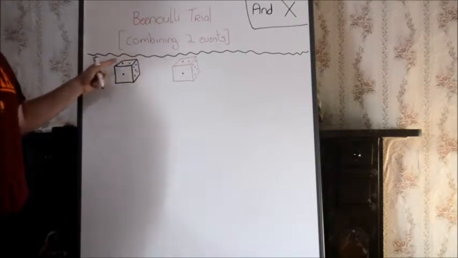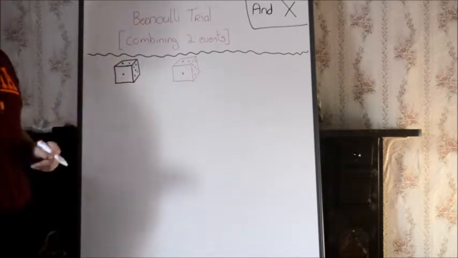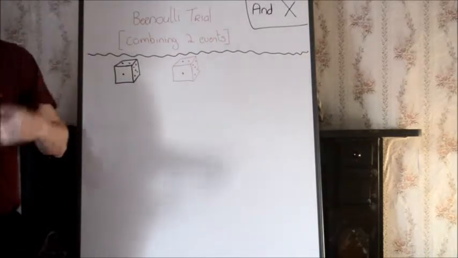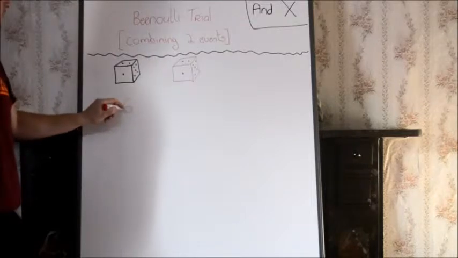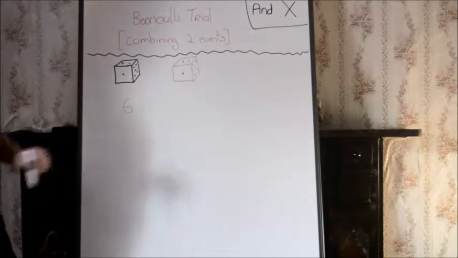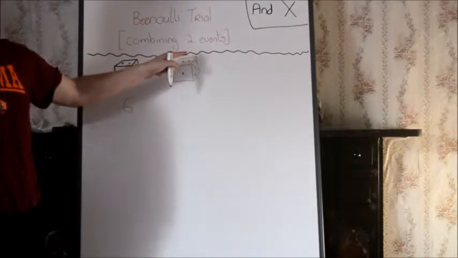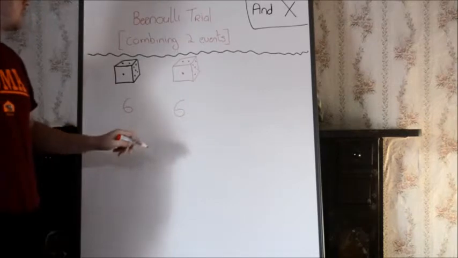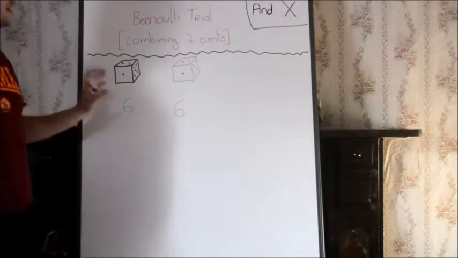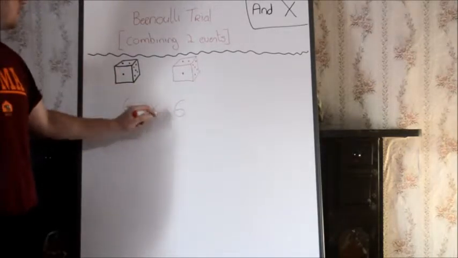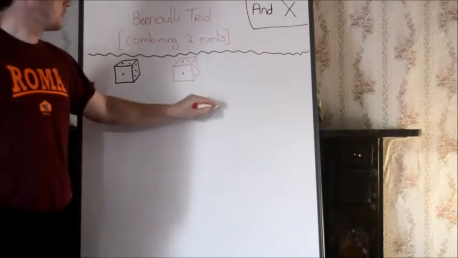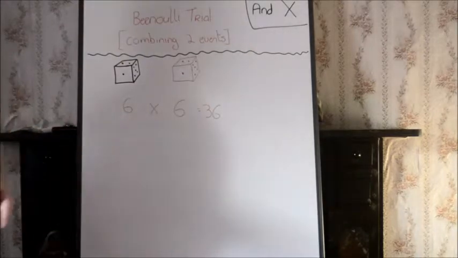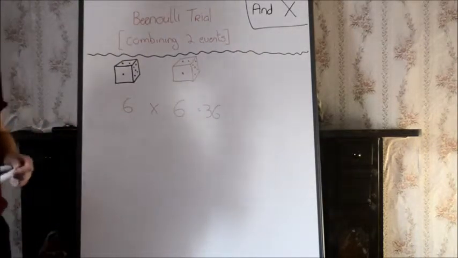I have 6 options when rolling my first black die: a 1, 2, 3, 4, 5 or 6. And on my red die I have the exact same. To find out how many options there are in total, I multiply the 2 and I get 36. So there's 36 different combinations between rolling 2 dice.